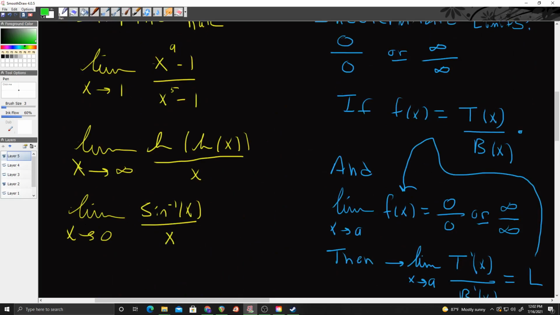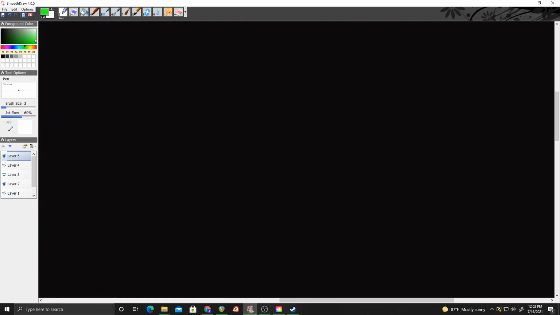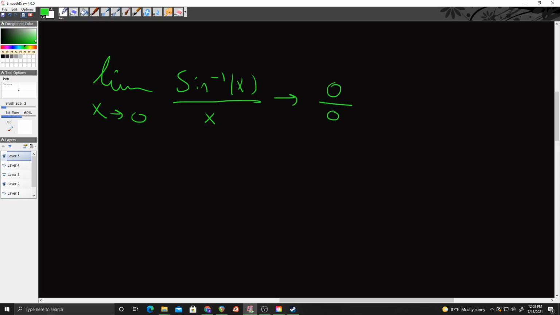All right. Next. Good old inverse trig, inverse sine of x over x. All right, let's come over here. Limit as x approaches 0 of inverse sine of x over x. And of course, if we try inverse sine of 0, we're going to get 0 over 0, immediately indeterminate form.